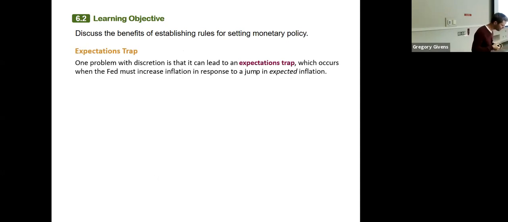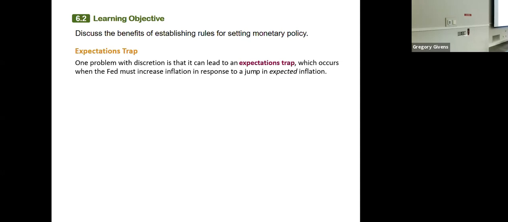So one common problem with practicing a discretionary monetary policy is that the central bank will, from time to time, find itself confronting something called an expectations trap. Okay, so what is an expectations trap? This occurs when the Fed finds itself in a situation where it has to actually increase the country's rate of inflation merely in response to a change or a jump in expected inflation.